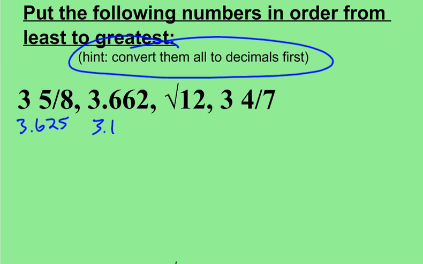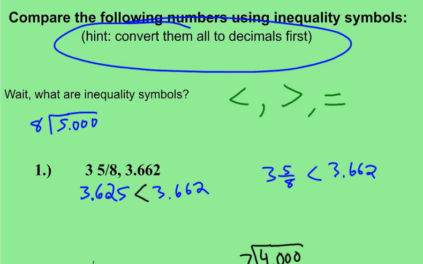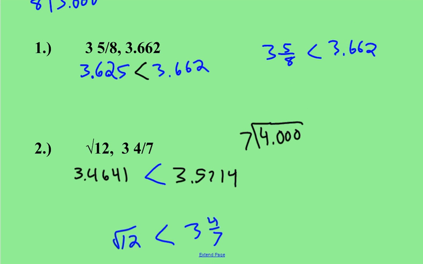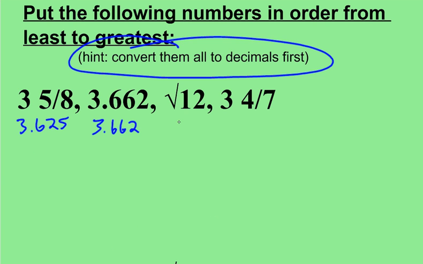We got that. Square root of 12 was actually, we'll just do 3 decimal places this time, 3.464, and then we had 3.571. So now we have to put them in order from least to greatest, the smallest to the largest.